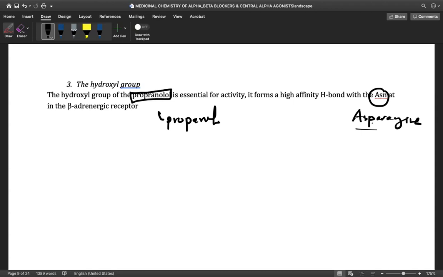You need to know your amino acids, you need to know what they look like. I'm going to draw the asparagine structure here for you, and I will expect you to be able to draw it on the exam, okay? So let's begin by drawing.